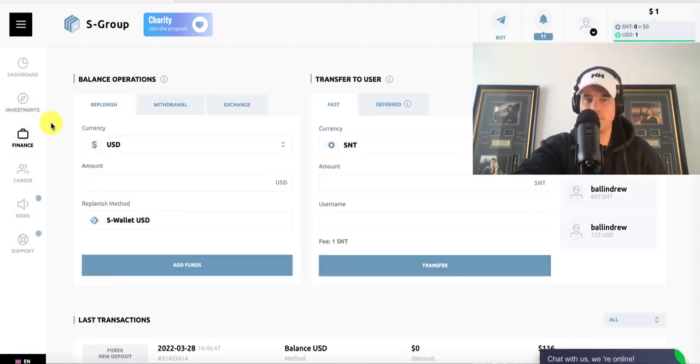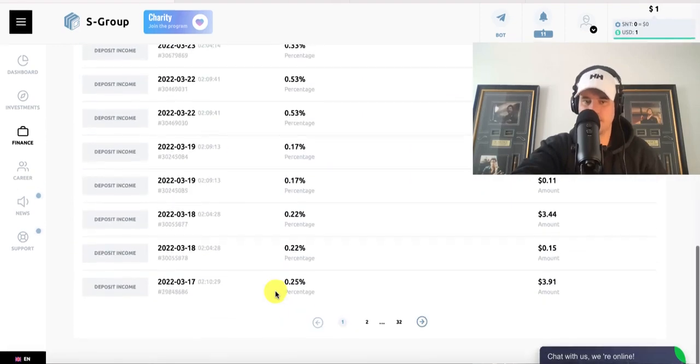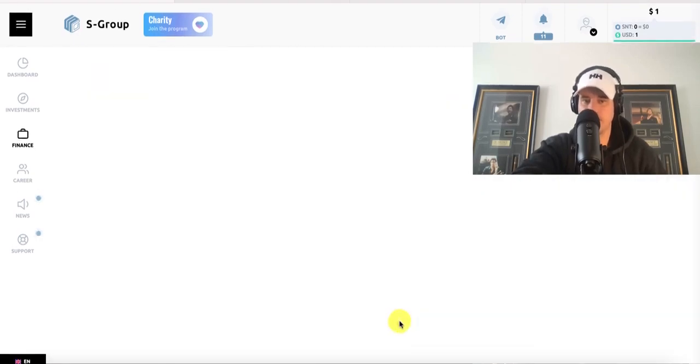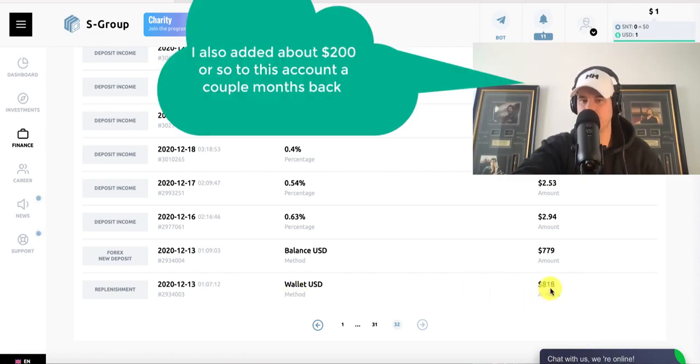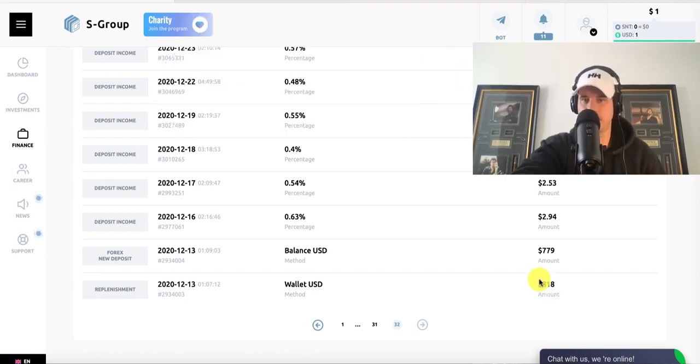This account's been built pretty well from that. So you can see here, the deposit into the S wallet was $818, and then the first investment in here was $779 on 2020 December 13th.